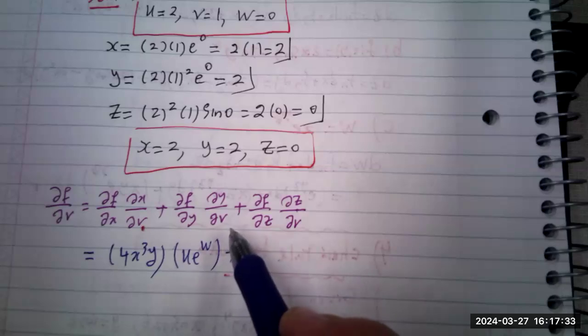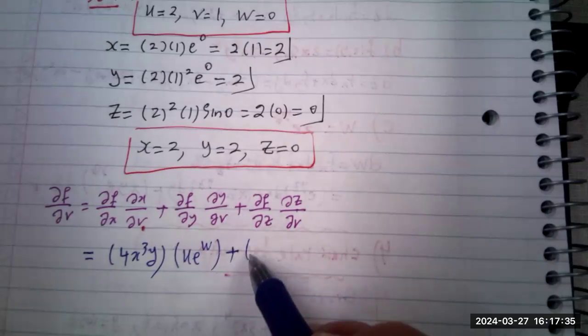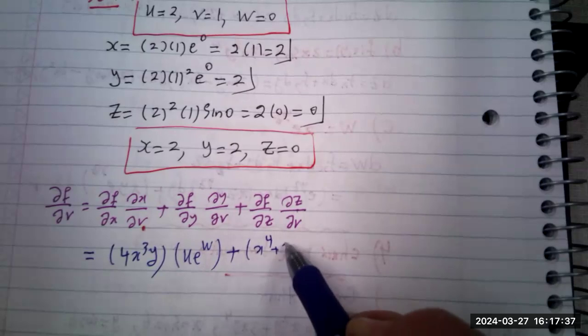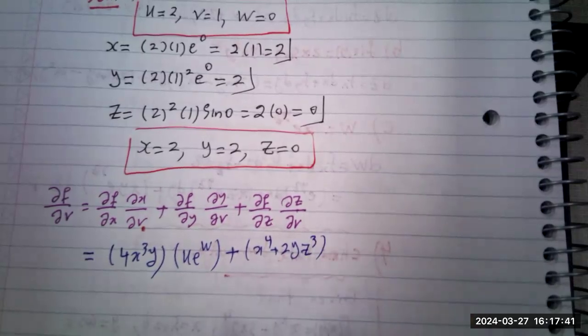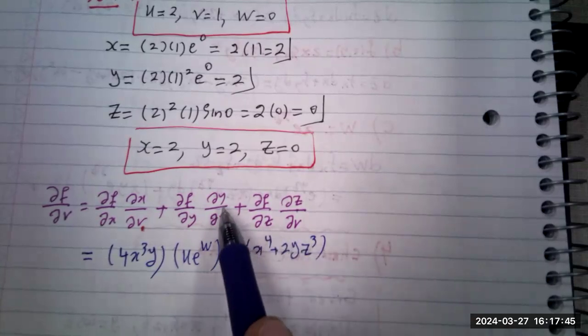Second one, derivative with respect to y. The first term would be x to the 4th, plus 2y z cubed. Times the derivative of y with respect to v.